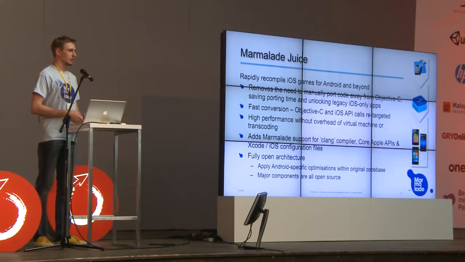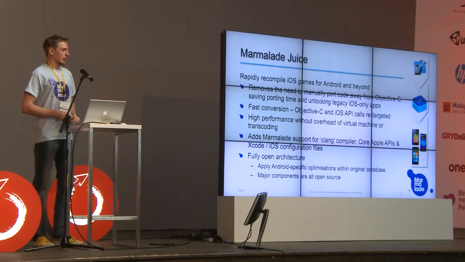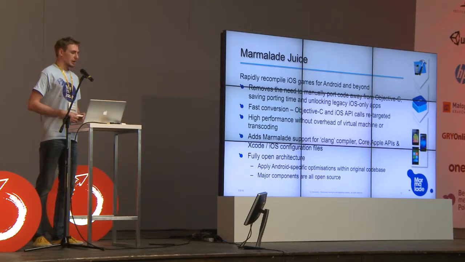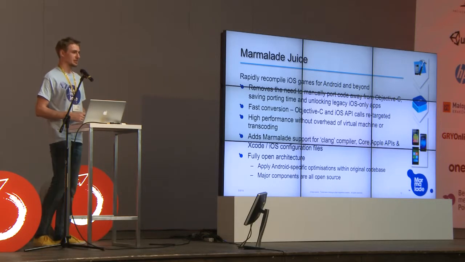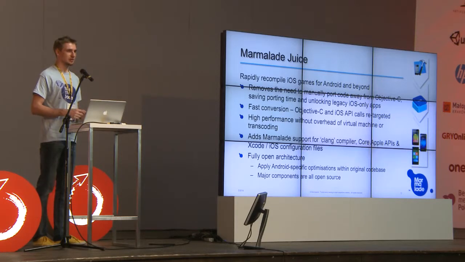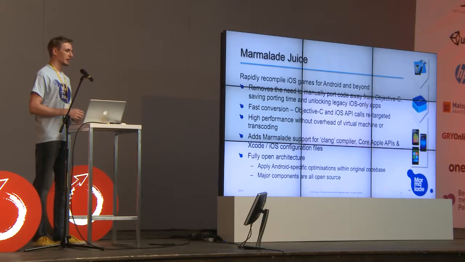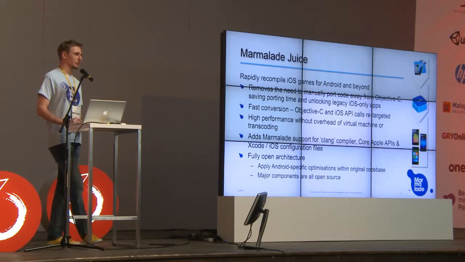So no problem going from an iOS game to Android, but as always, the devil is in the detail. You have to provide the Objective-C runtime to your game. You have to provide Objective-C components like Foundation classes, like UIKit and all this stuff. So it's a hell of a lot of job to do.